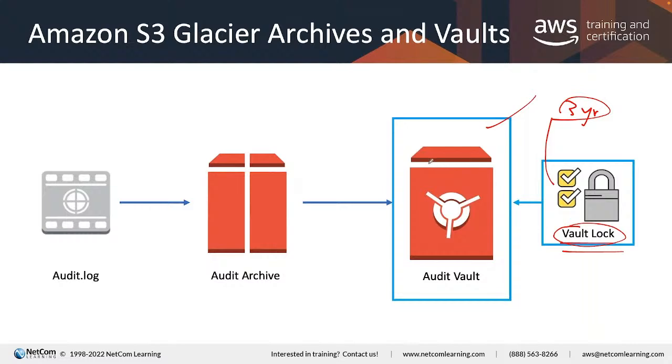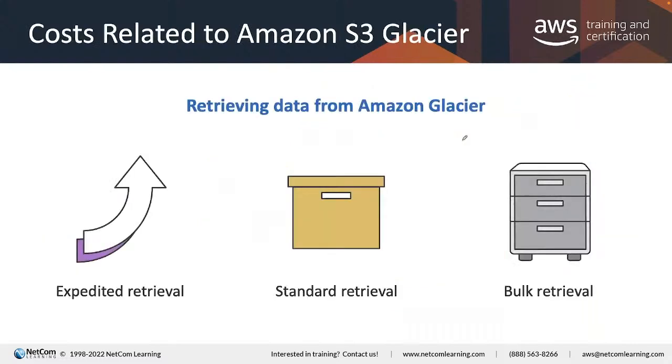Originally, we needed to wait 3 to 5 hours. All right, but since AWS keeps improving, now we have a choice. When you restore the data, suppose I really need to get back those data much faster, what can we do? Originally there is standard retrieval, 3 to 5 hours.